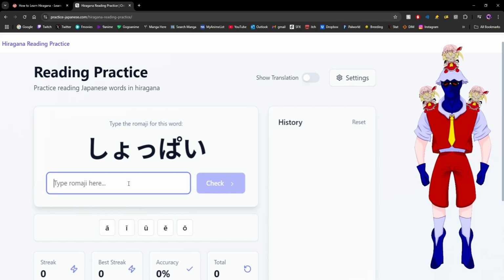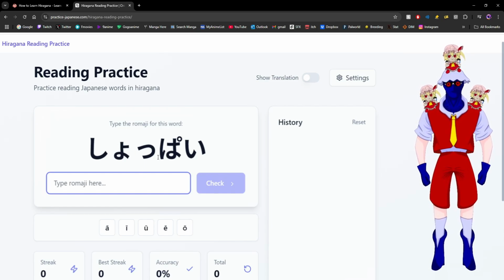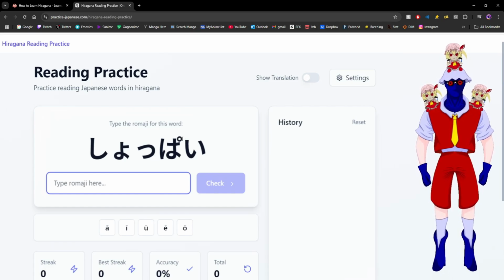So right here we have, yeah, this is a small letter, this is a pause. You can see they're smaller. And you have the circle here, that's a P. So let's see. Shyo or sho, not sho. That's a sho, then pause, then this letter twice, which is pa, I, shopai.